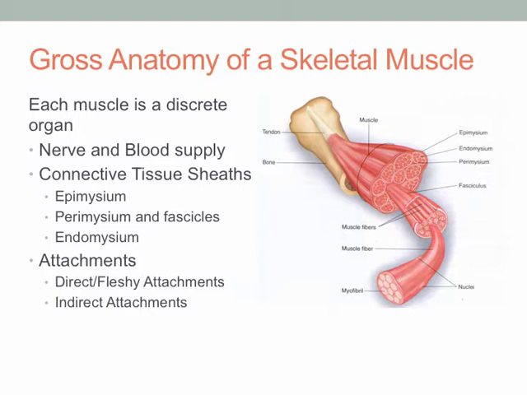Deep to that, we're going to have bundles of muscle cells called fascicles. So we can see that here. These are fascicles bundled together. Each one of these is a fascicle. They call it a fasciculus. Each one of these is wrapped and packaged by something called the perimysium. Okay, there's the perimysium.